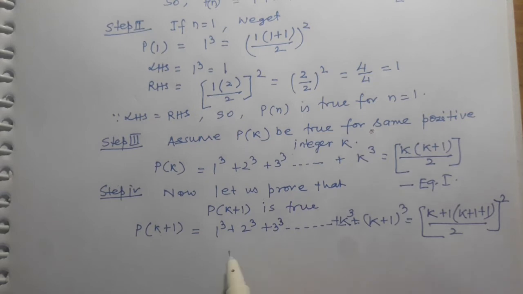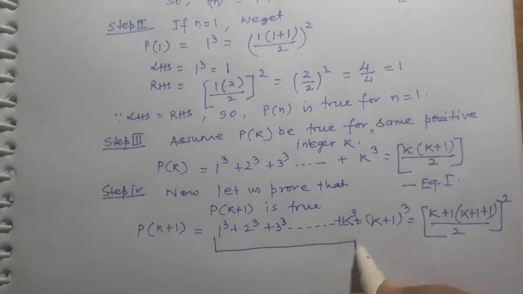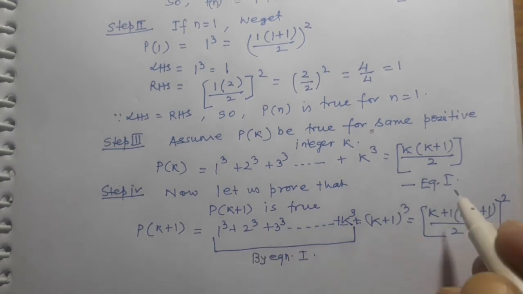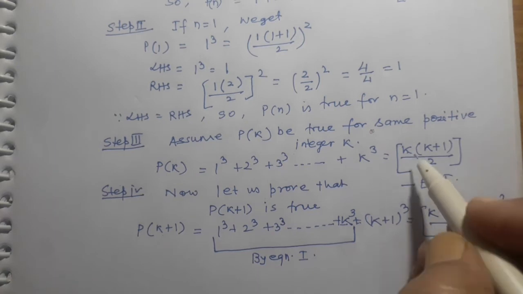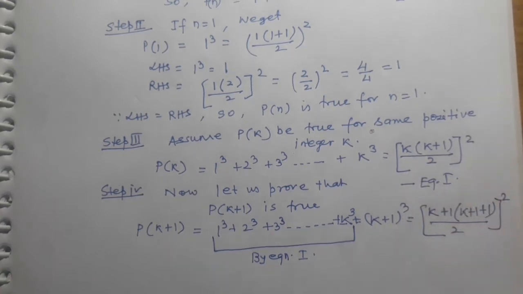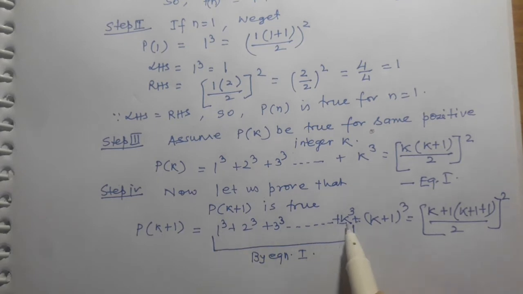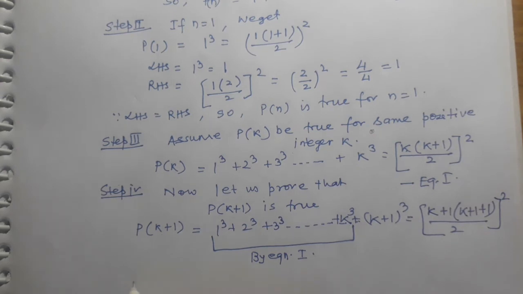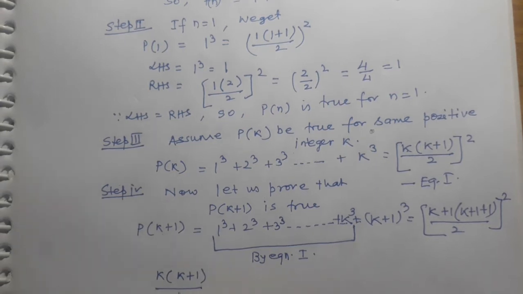And we know from here, up to k cube, by equation 1, it is equal to k into k plus 1 by 2, over all square, right? So for this, up to here, we shall write this equation, k into k plus 1 by 2 over all square.